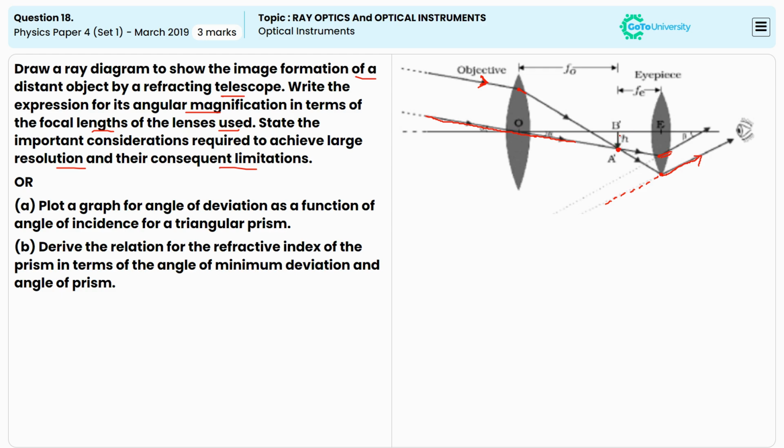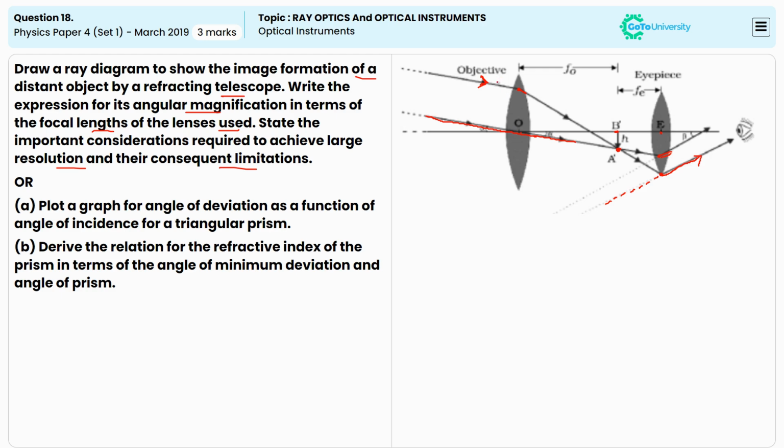The distance from here to the axis, we call A dash B dash. The distance from here to the eyepiece lens is the focal length of the eyepiece, and from here to the objective is the focal length of the objective lens. In this way it works.